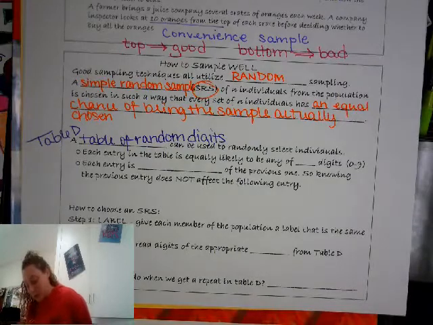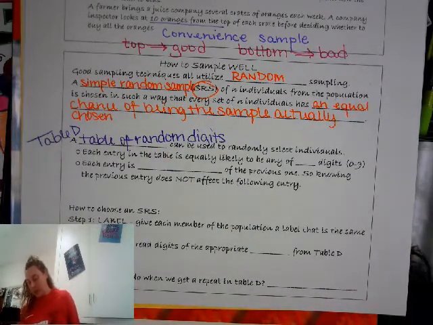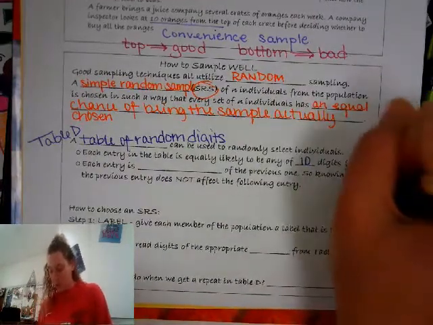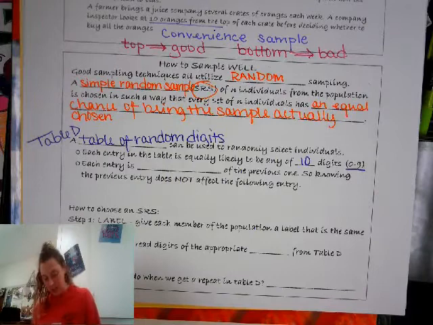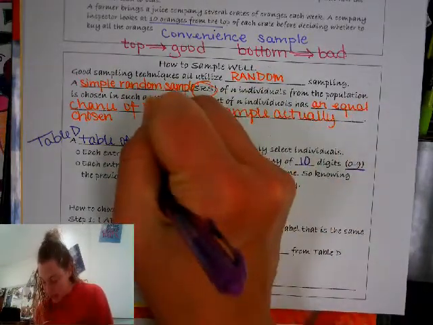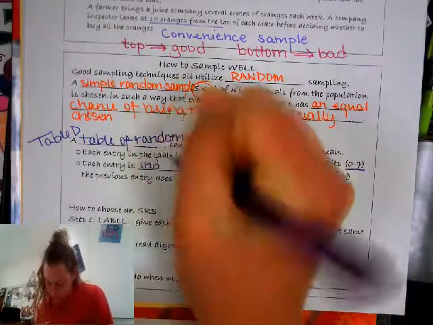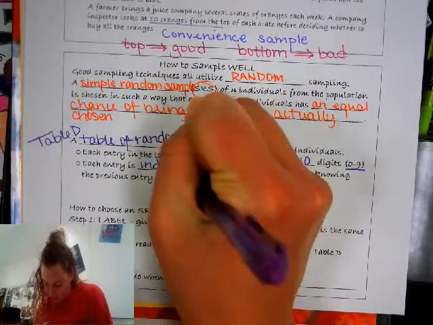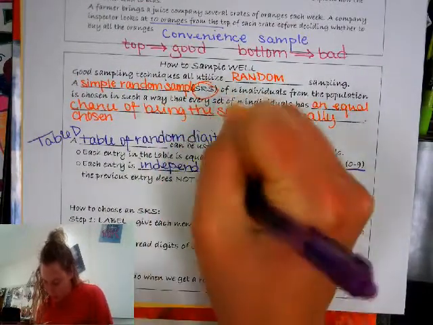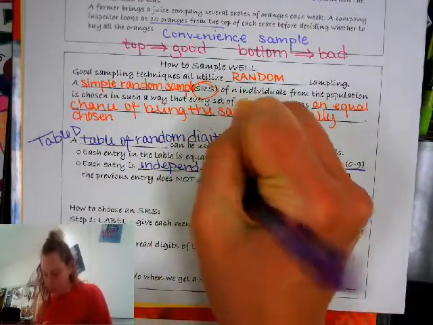Each entry in the table is equally likely to be any of 10 digits because we have 0 through 9. Each entry is independent of the previous one. So knowing the previous entry does not affect the following entry.